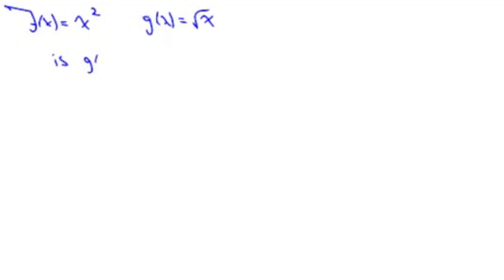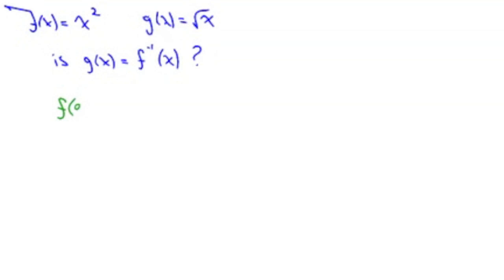Is g of x equal to the inverse of f? Most of you already think it is, which is kind of scary. If you square a number and then you square root it, you're back to the number you started with. They seem like inverses. So let's do the first composition.